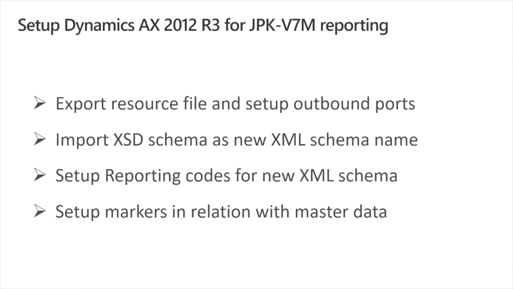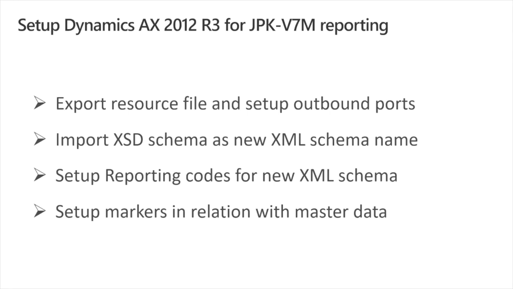I will run the machine preparing. Okay, as I said, the steps in relation to AIF are the same. We should export the resource file and set up outbound ports. Then we should import the XSD schema as a new XML schema name, and we should set up reporting codes for new XML schema elements.